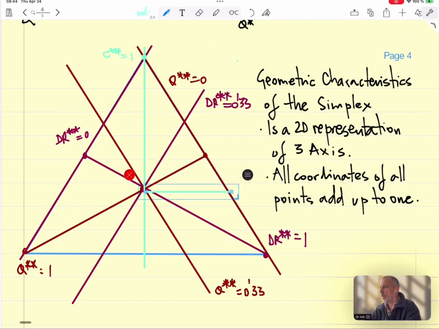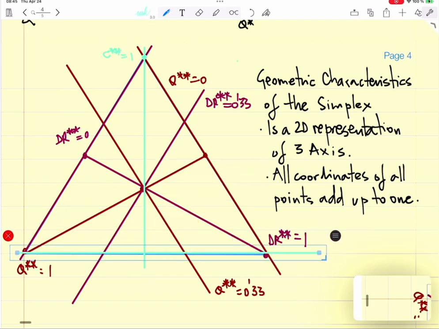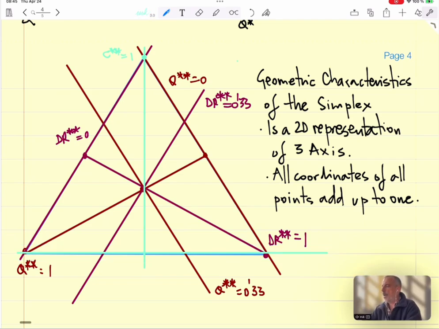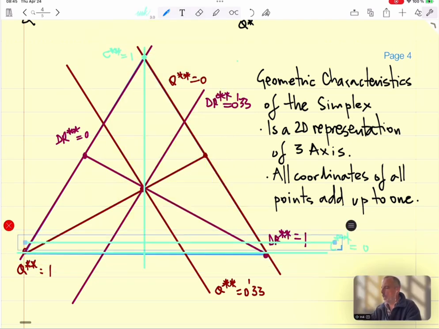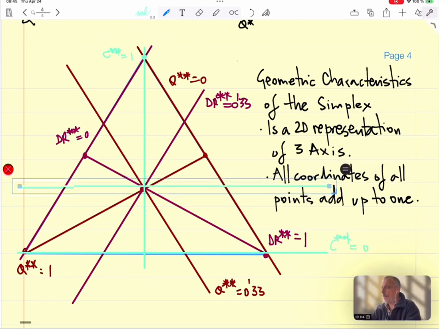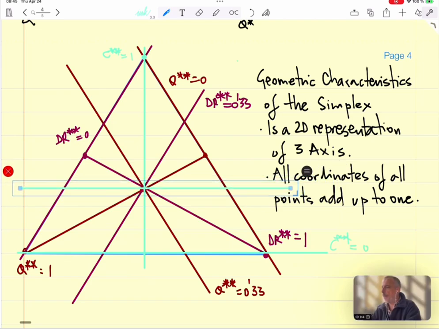All the points in this line have cost star star equals 0. And all the points in this line have cost star star equals 0.33.